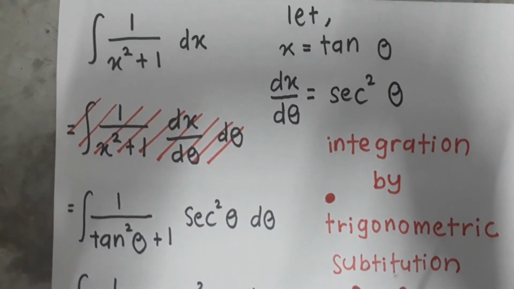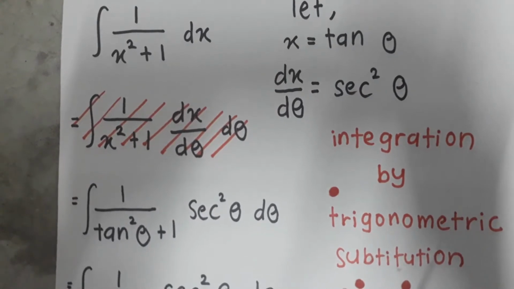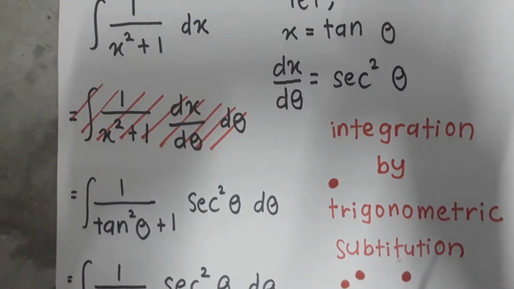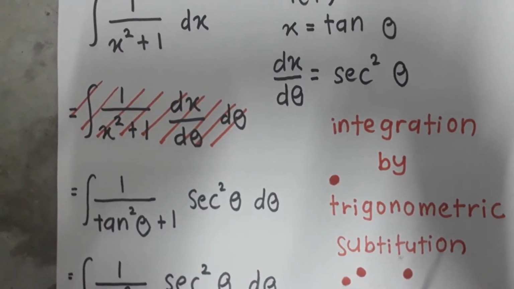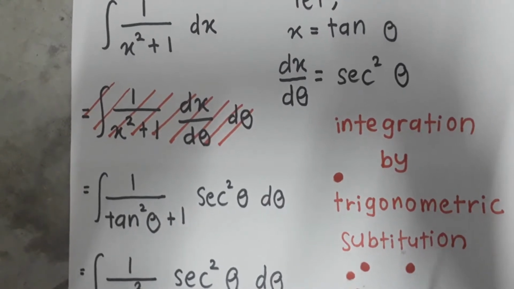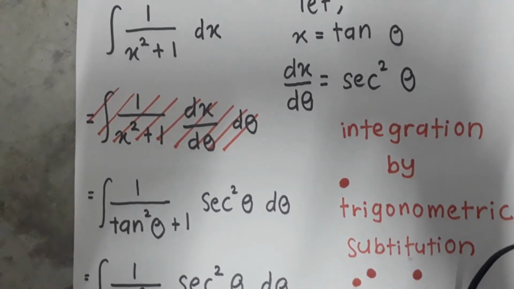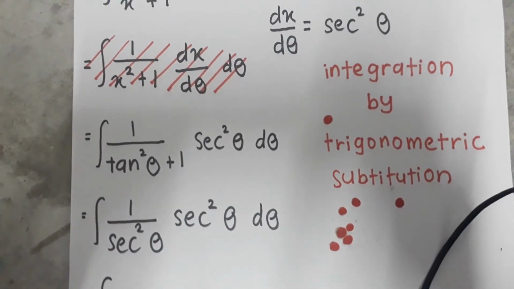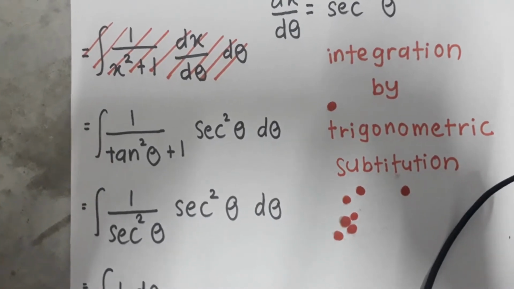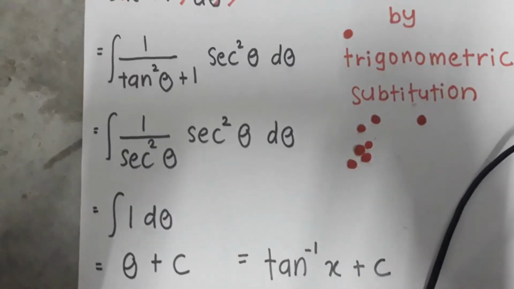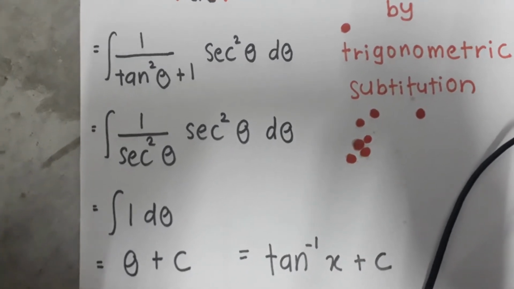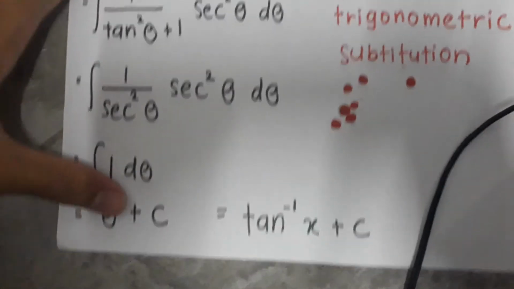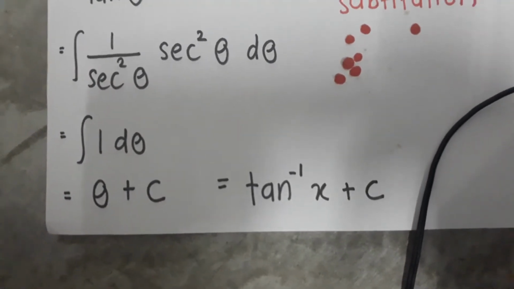We let x equal to tangent theta. Differentiate x, we get dx over d theta equal to secant squared theta. Substitute dx, we get secant squared theta d theta over tangent squared theta plus 1, which equals secant squared theta. Cancel secant squared theta with secant squared theta, and we get integrate 1 d theta, which gives theta plus c.